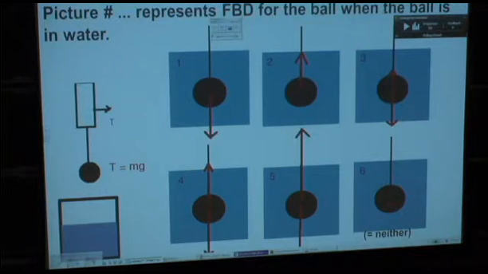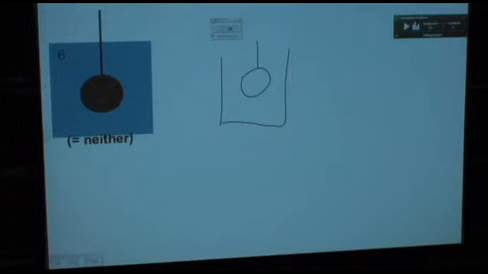So all we have to do is just draw a free body diagram. If you have no water, of course you have only force of tension and force of gravity. But water is a medium.